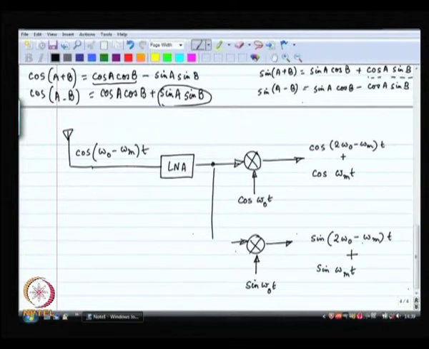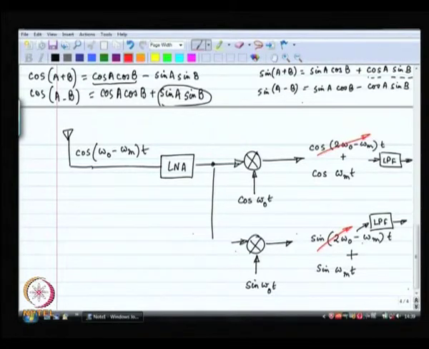And then if you low pass filter these, I can get rid of the high frequency component. There is a component at somewhere near twice omega naught. All I need to do is put a low pass filter and I will get rid of that particular component. So can this one, and what you are going to be left with are cosine omega m t and sine omega m t.